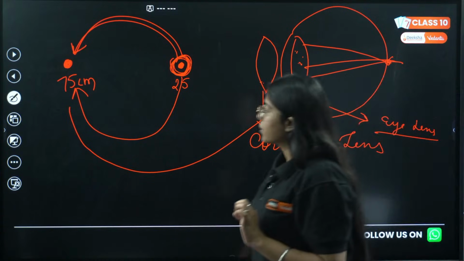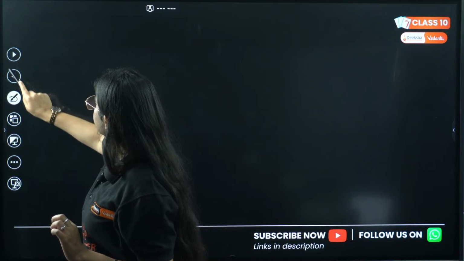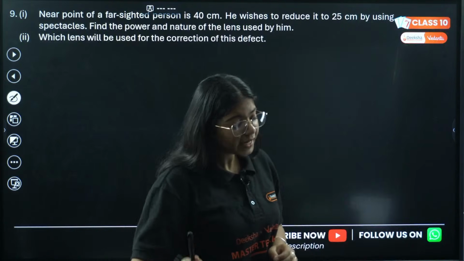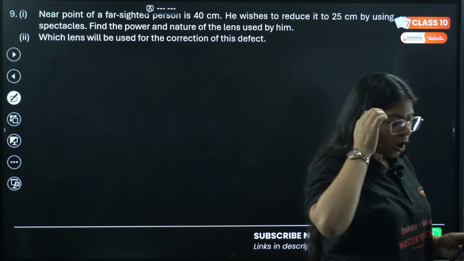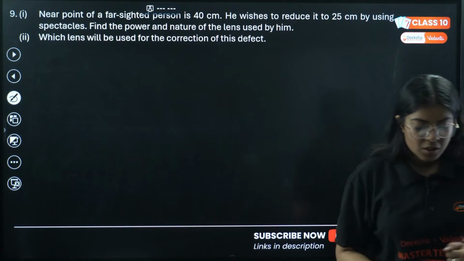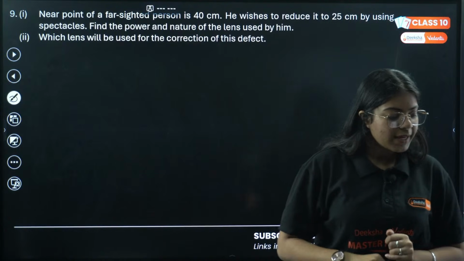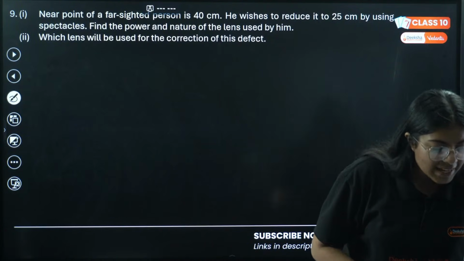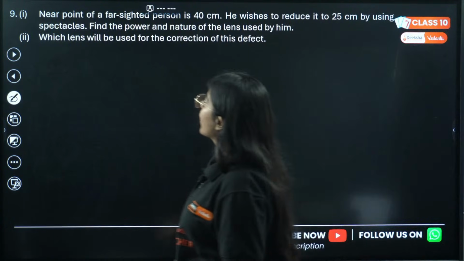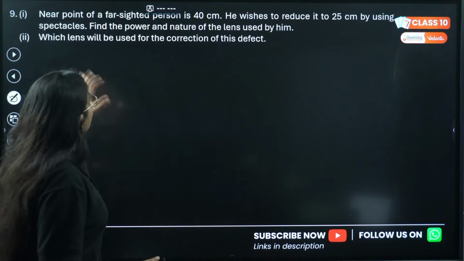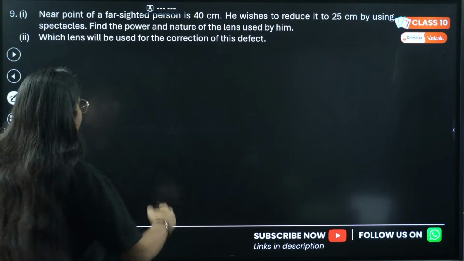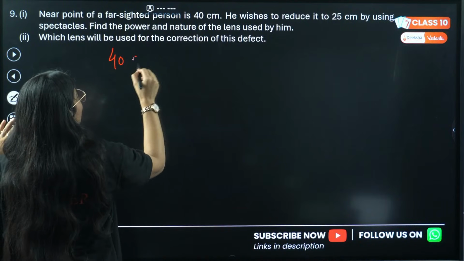Okay, let's go to the next question. This is a very good numerical. Can you solve this? Abhimanyu, Aryan, Sudarshan, can you solve this numerical? They are saying the near point of a far-sighted person is 40 centimeter.